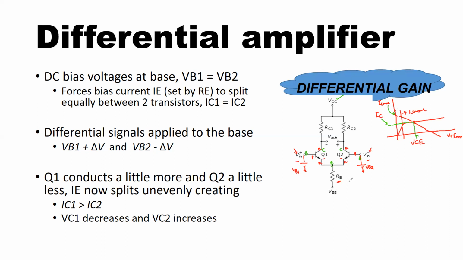So with that assumption, the base emitter junction of the transistor should be forward biased, and the collector base junction of the transistor should be reverse biased. So the collector base junction should be reverse biased.